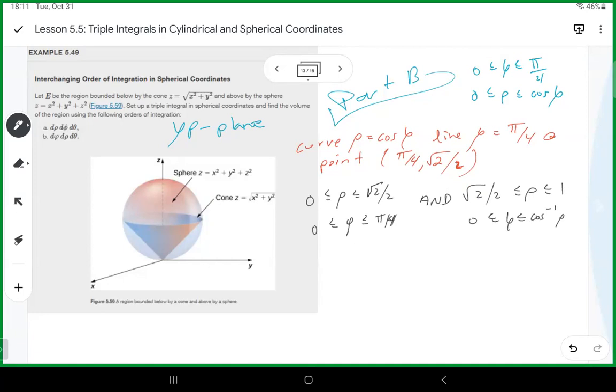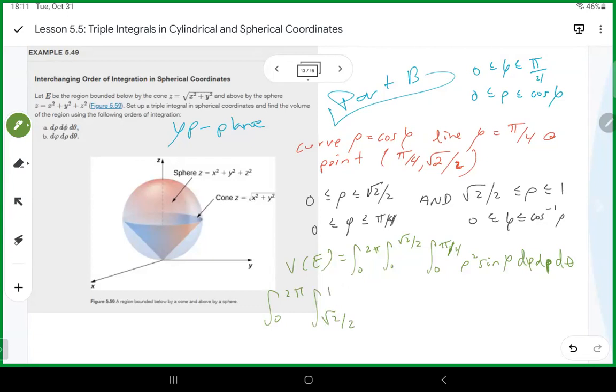So that means, and we are going to do this the whole way through now, our volume, so 0 to 2 pi, square root of 2 over 2, 1.